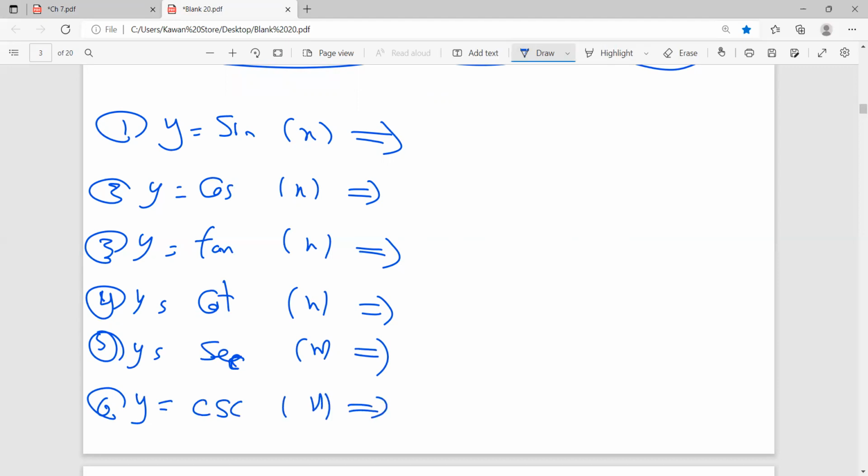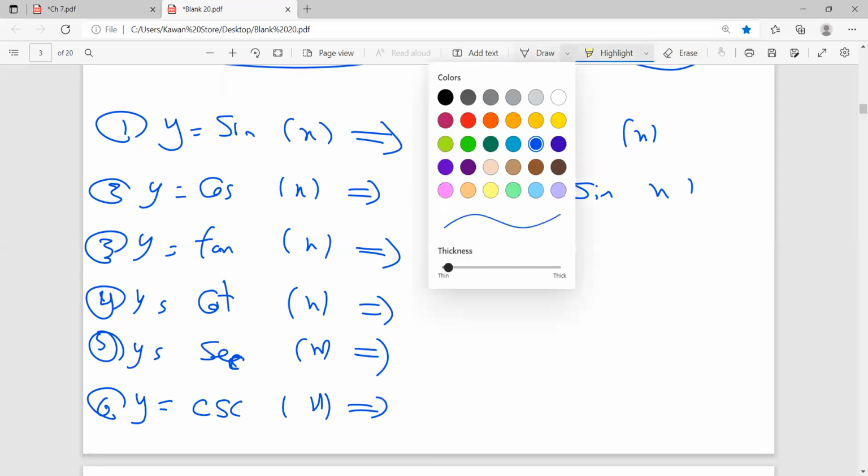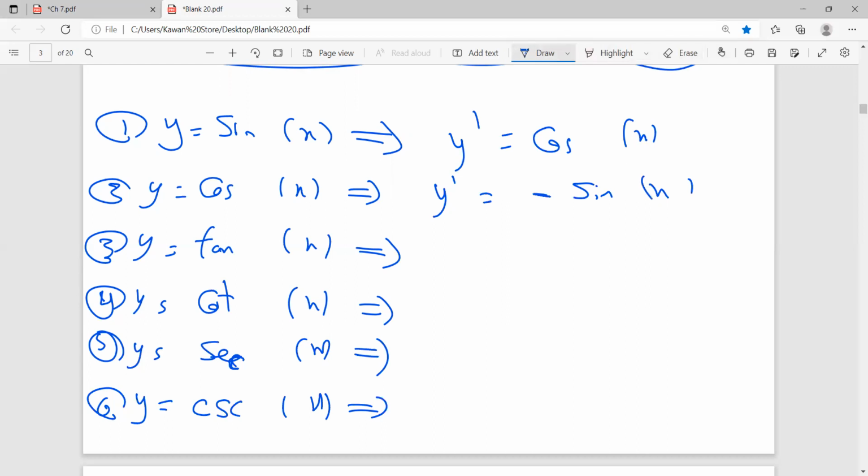Give me the derivatives. The derivatives are equal to what? Derivative of sine? Cosine. Derivative of cosine, minus sine of x. Derivative of tan, secant squared of x. Derivative of cotan, minus cosecant squared of x.